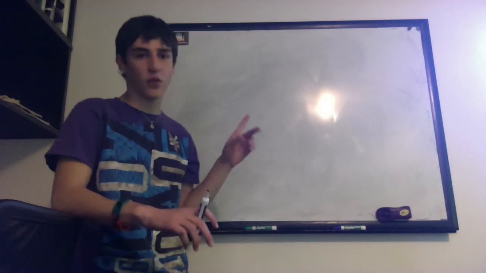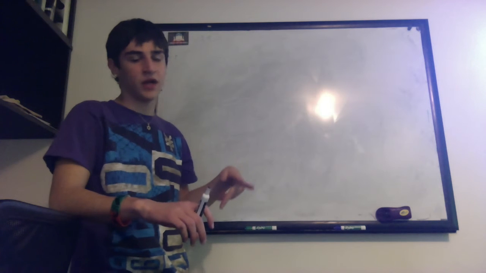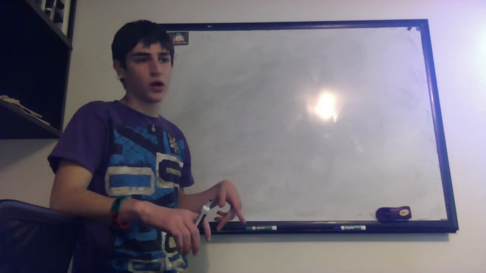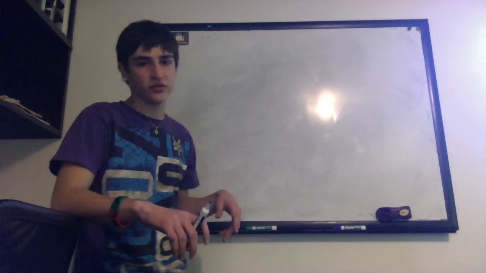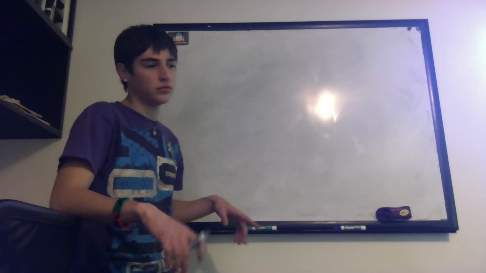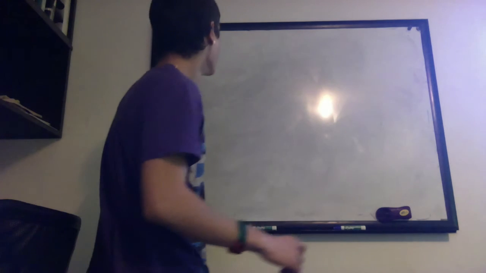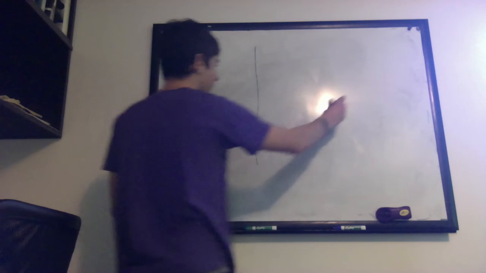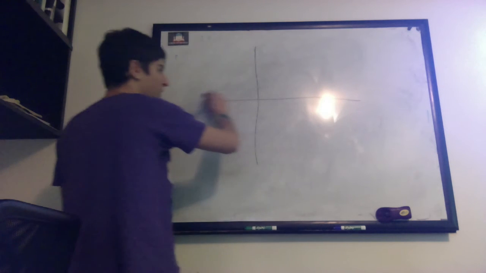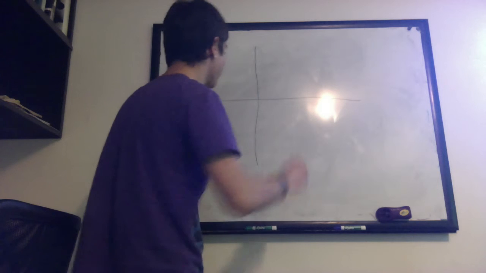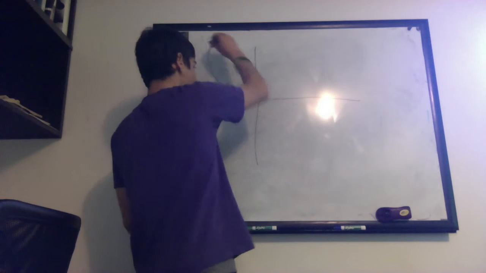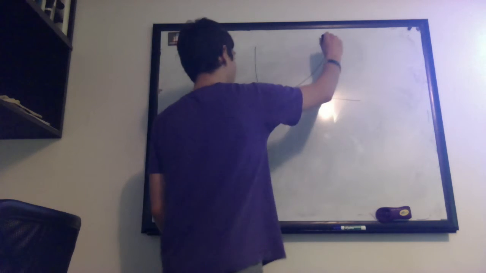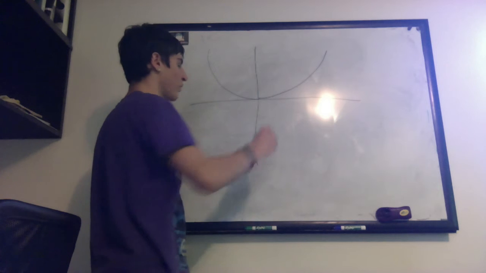Because if you switch x and y, then you're rotating the function about 90 degrees, or pi over 2 radians. Anyways, let's say we have, I don't know, what's something I can visualize. x squared and the square root of x.